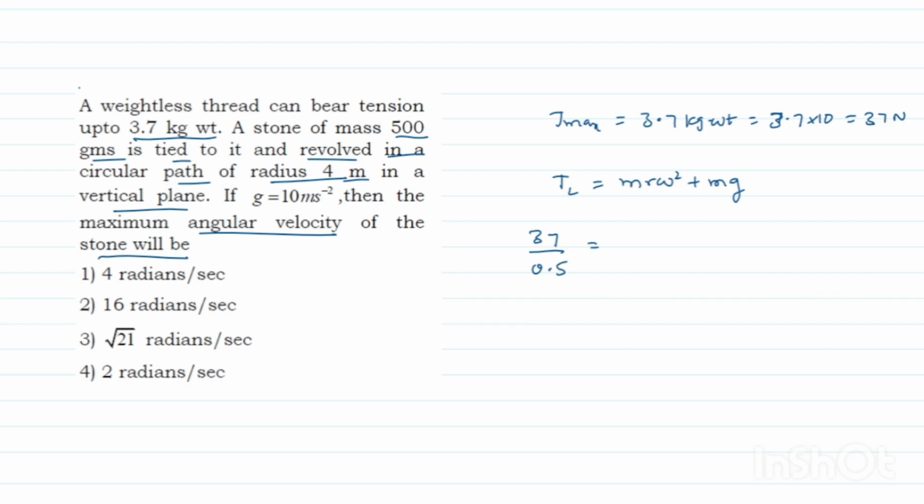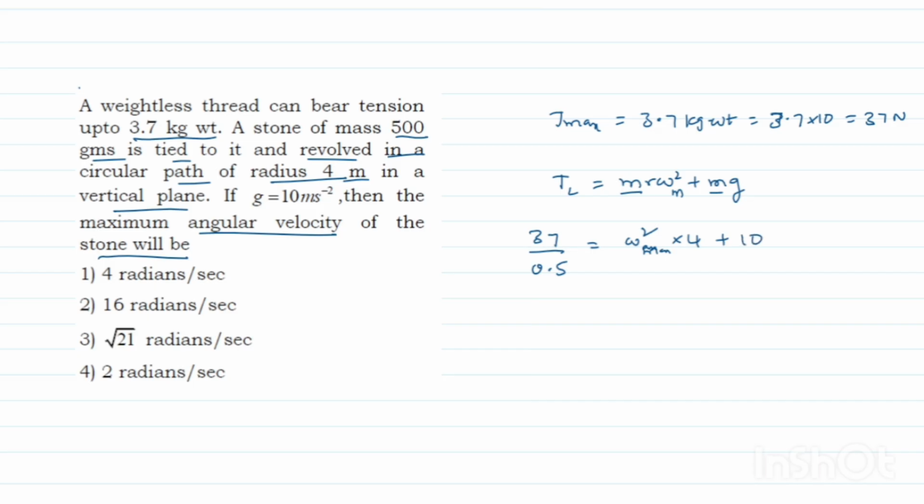Mass you have to take common and bring to the left side. So 37 by mass, which is 0.5 kg, is nothing but omega square maximum into r value. Radius is given as 4 meters, plus the g value you can take as 10.